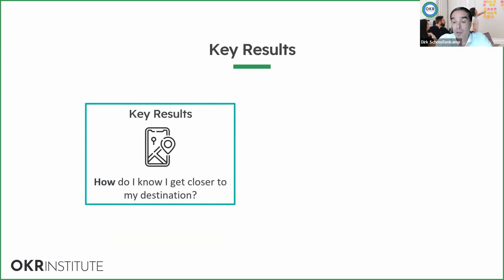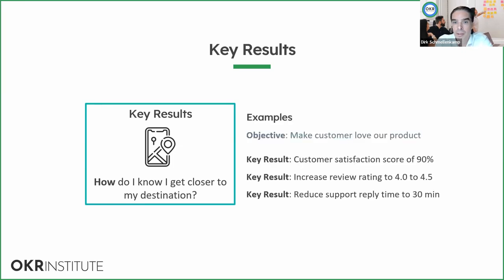Example of key results. Key results, as we mentioned before, indicate whether you are getting closer to your destination. This is your dashboard, your navigation system in your car. Are you still on track to Kuala Lumpur? Are you still on the way, or are you actually heading in the wrong direction? So take the objective "make customers love my product."